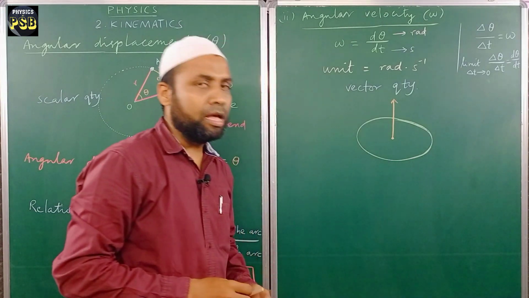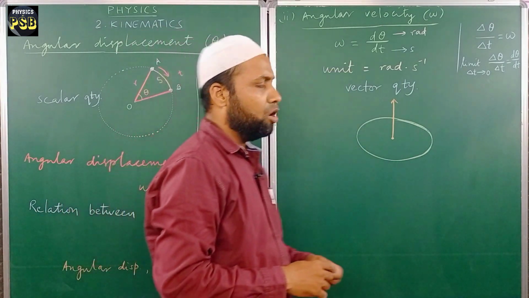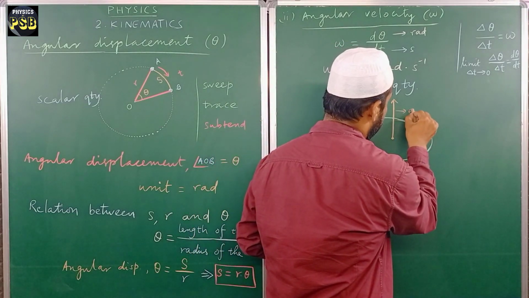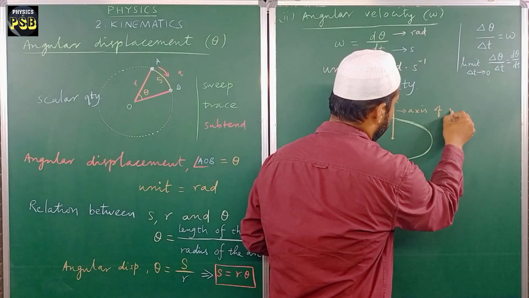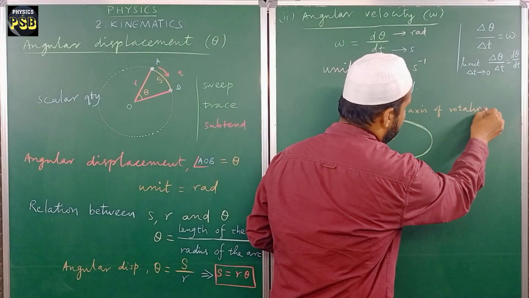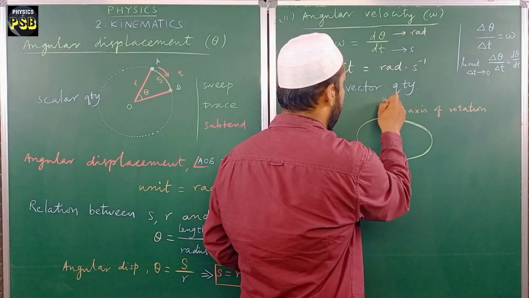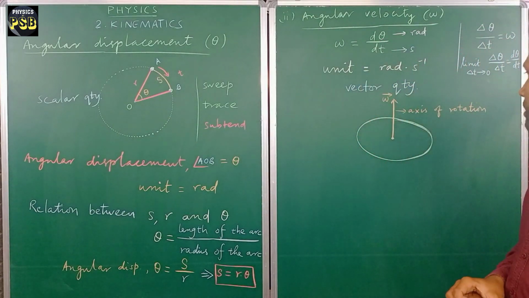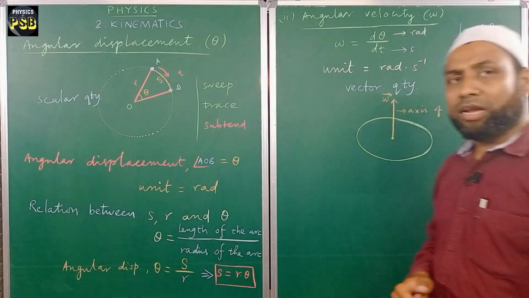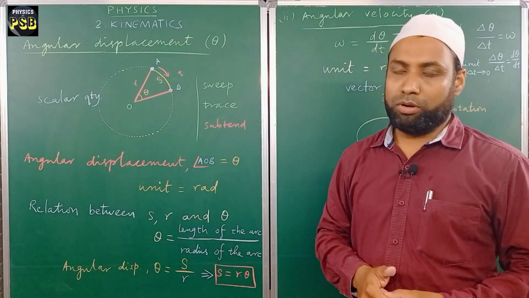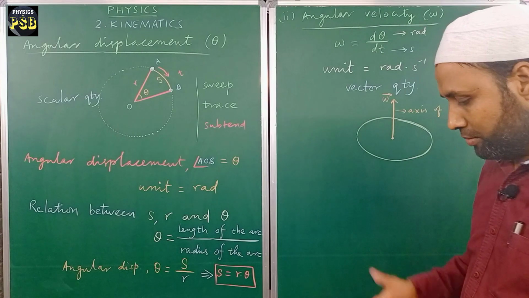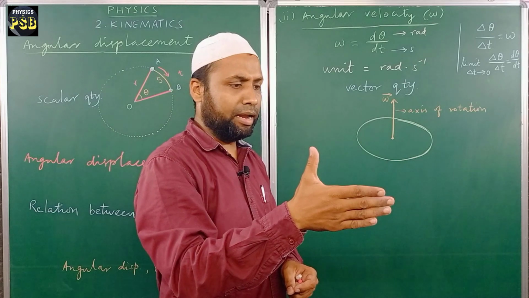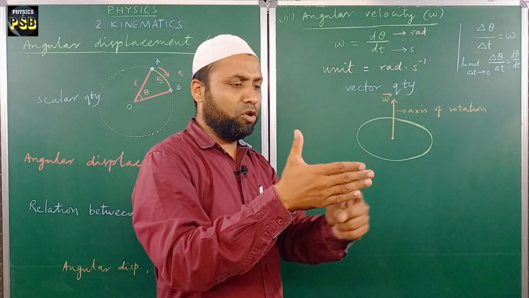Roughly speaking, angular velocity always acts along the axis of rotation. This is the axis of rotation. Along this, the angular velocity acts. Clear? And it is in accordance with the right hand rule. Now suppose I place my hand in this manner, and I curl these 4 fingers.